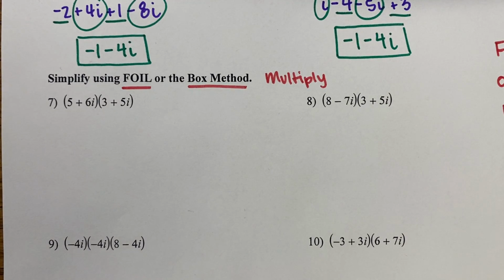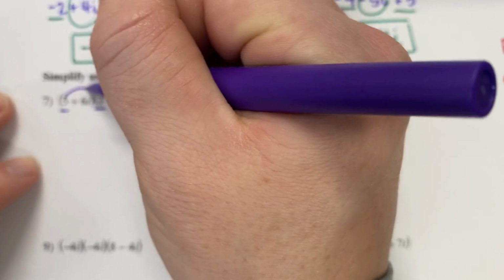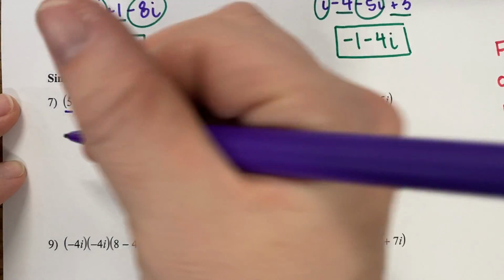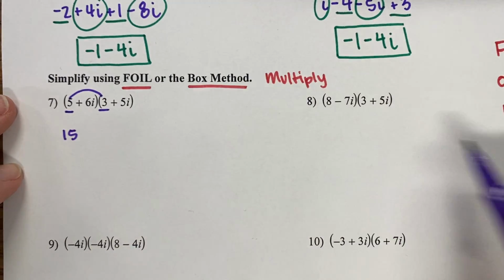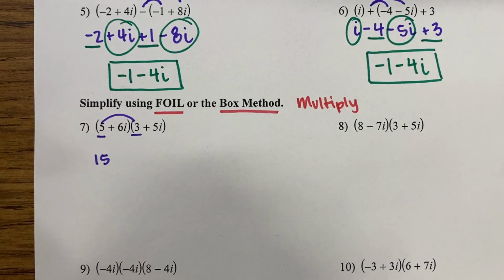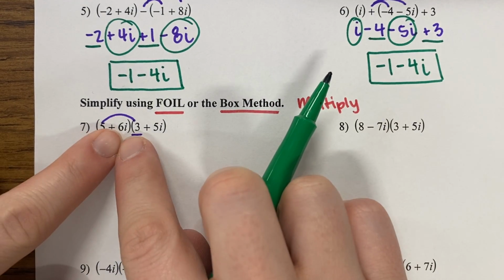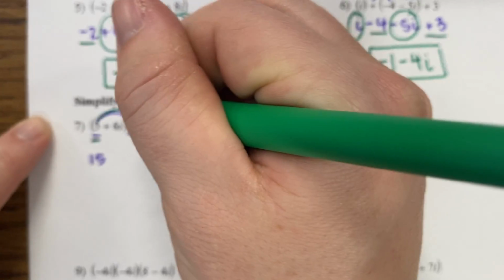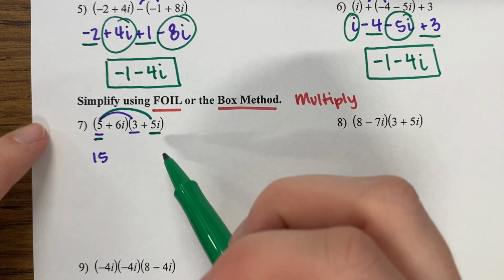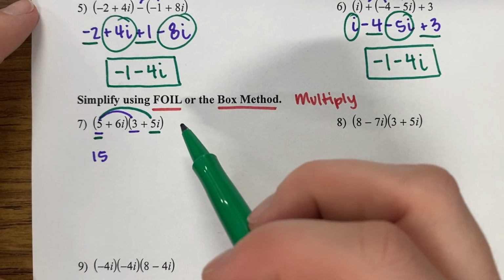F stands for first. So my first terms are 5 and 3. Multiply 5 and 3, it's going to give me 15. Then I have O, my outside terms. So 5 times 5i. Again, we're treating it just like any other variable. We're going to run into a new rule, but for now, treat it just like if that were an x.